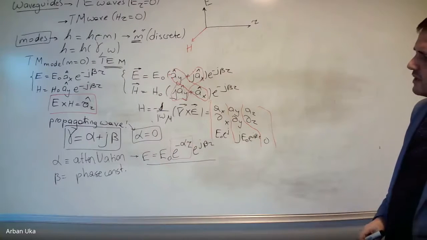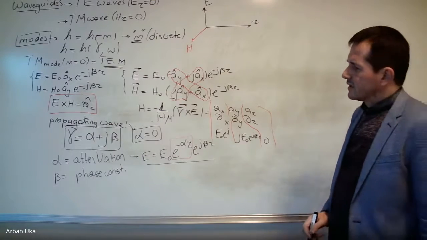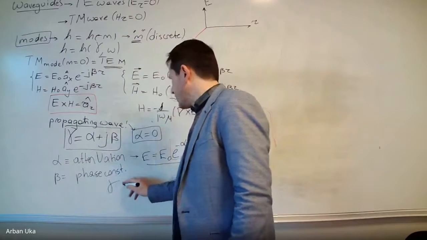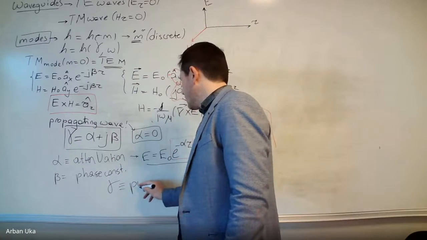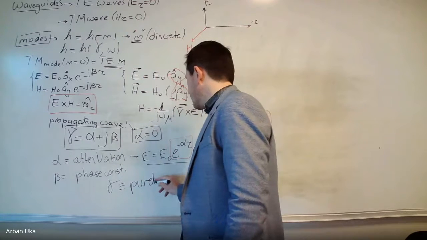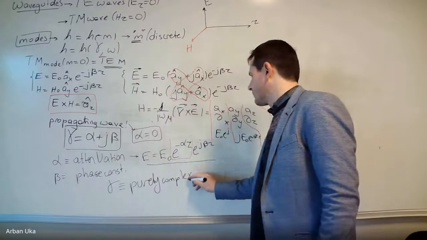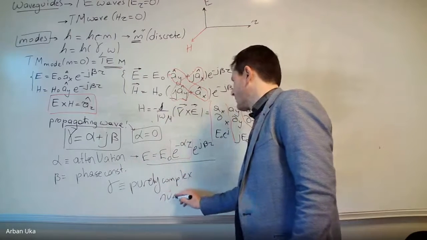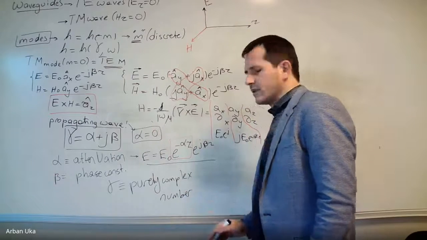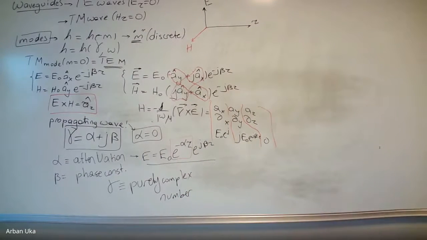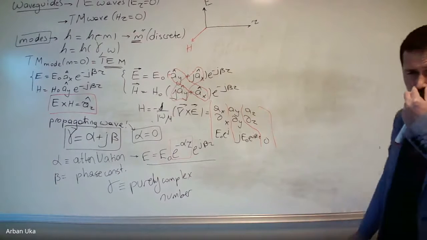So what does this mean then? This means that the gamma itself, this factor, we want this one to be defined as a purely complex number. Okay, so this is what we want in order for the wave to propagate through the waveguide.